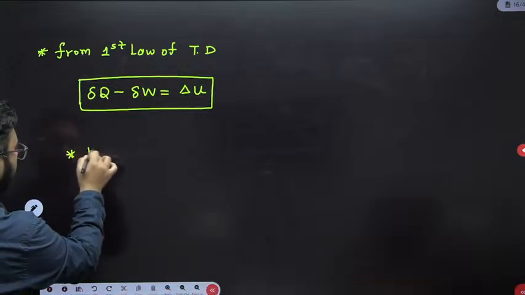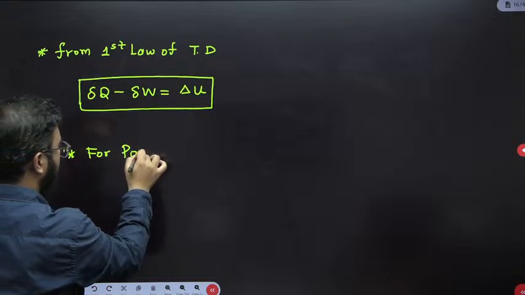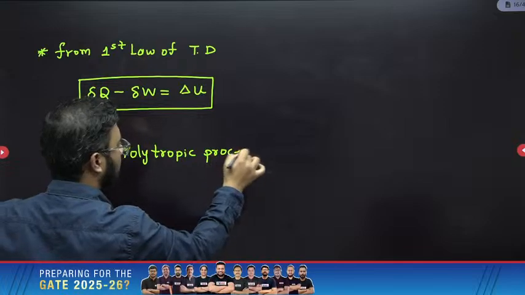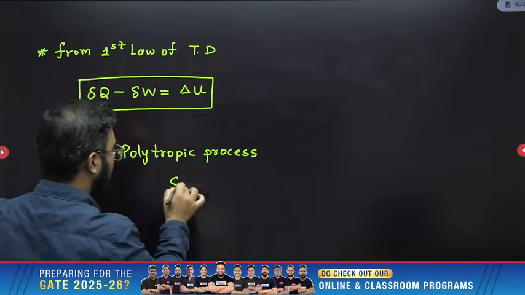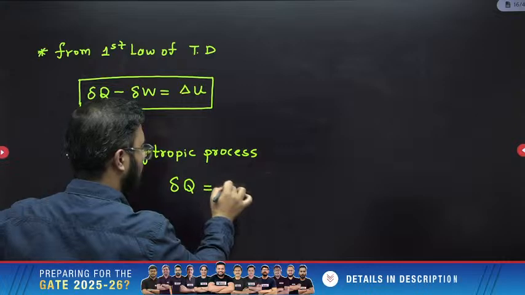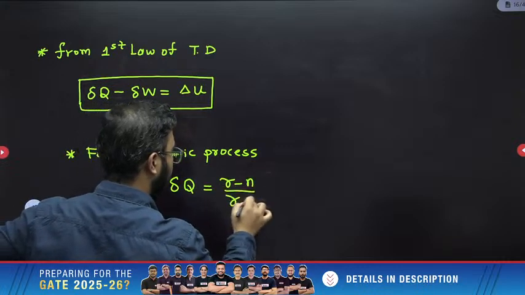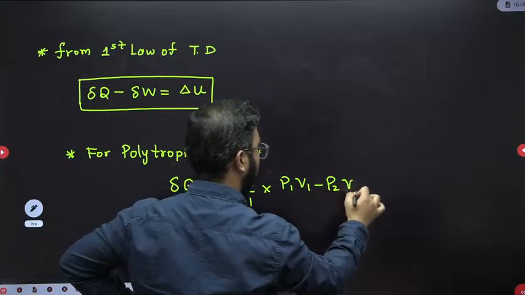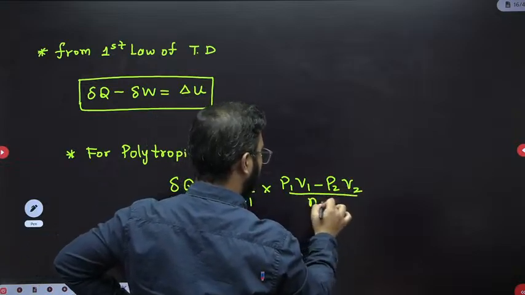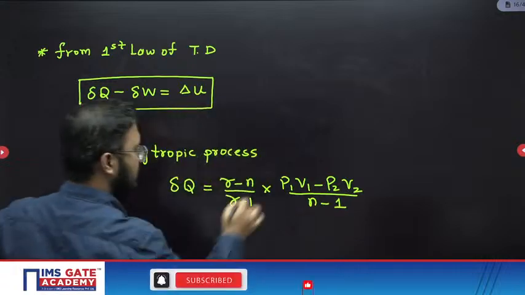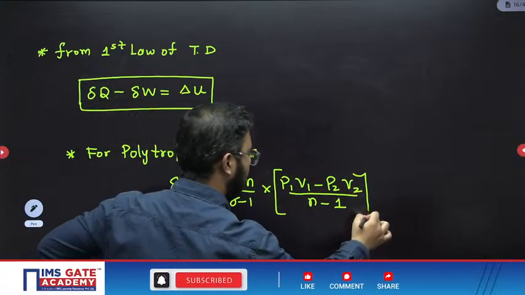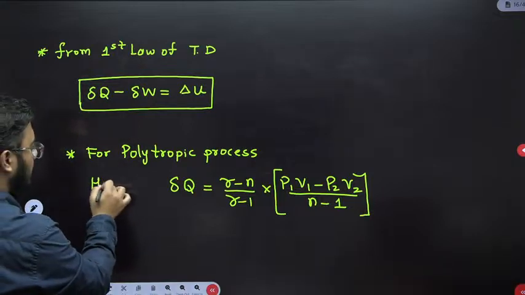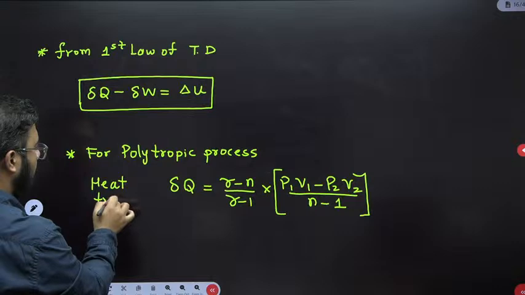Now, for the polytropic process, you should remember this formula directly. Heat transfer formula: (gamma minus n) upon (gamma minus 1) multiplied by (P1 V1 minus P2 V2) divided by (n minus 1).